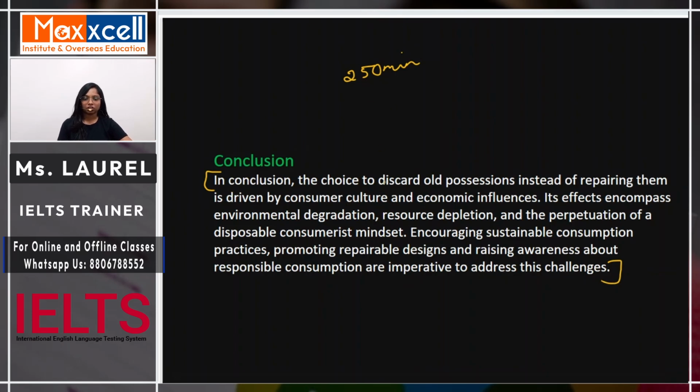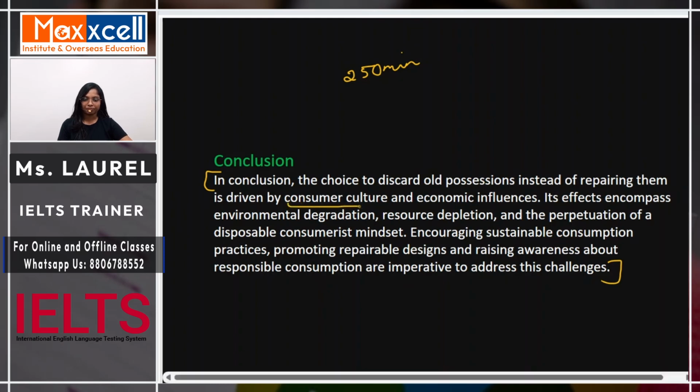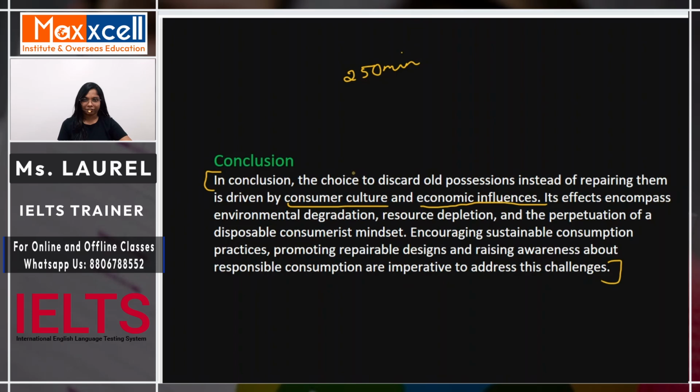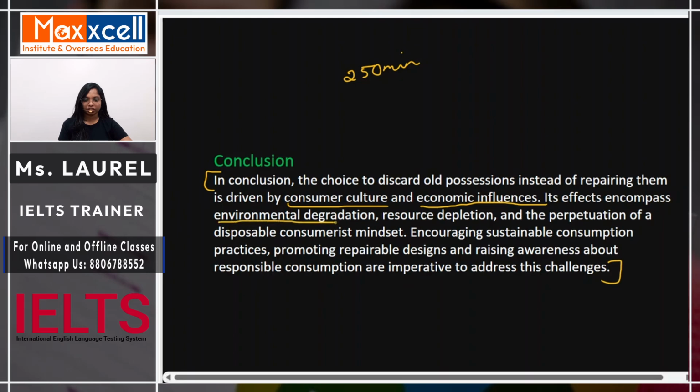Okay, in conclusion, the choice to discard old possessions instead of repairing them is driven by consumer culture and economic influences. So now we are going to briefly restate all the points that we have covered in the essay. So one point was definitely consumer culture, the other was economic influences like advertisements. Its effects encompass environmental degradation.